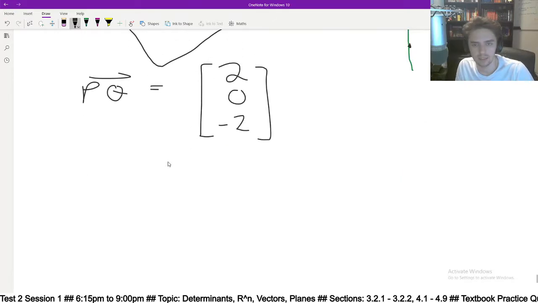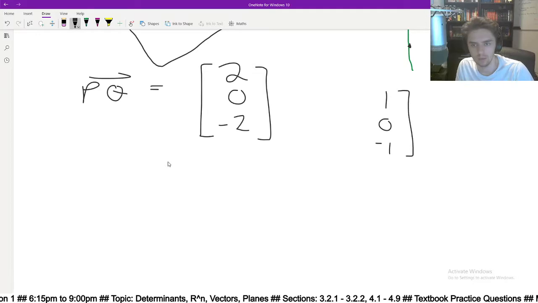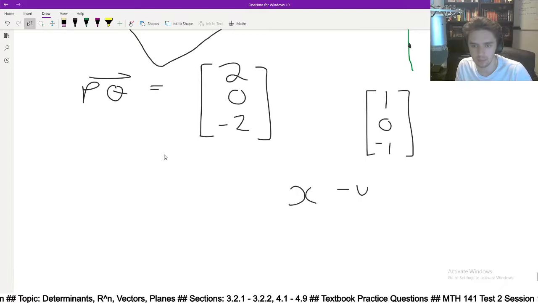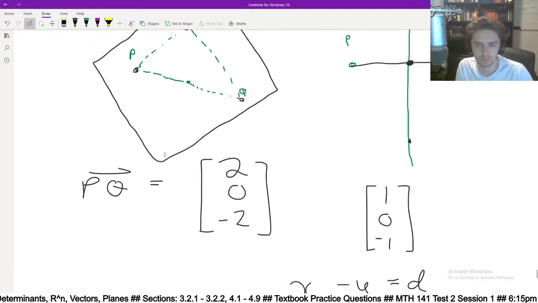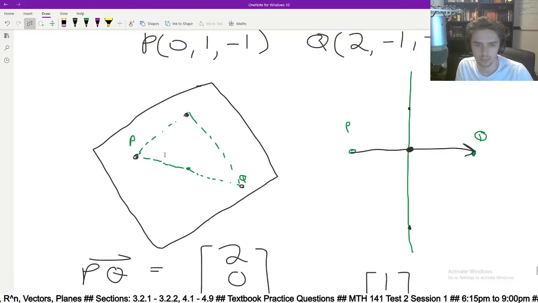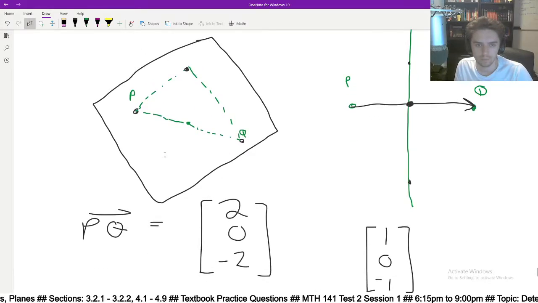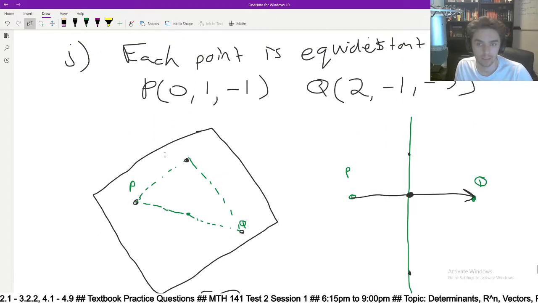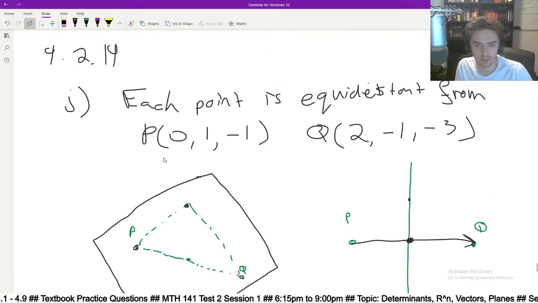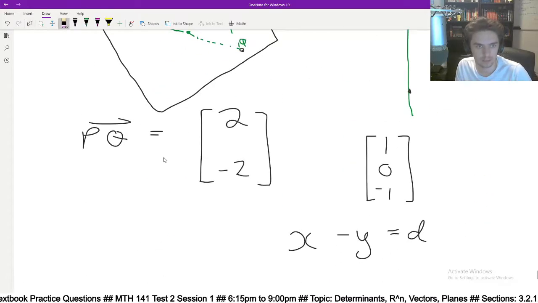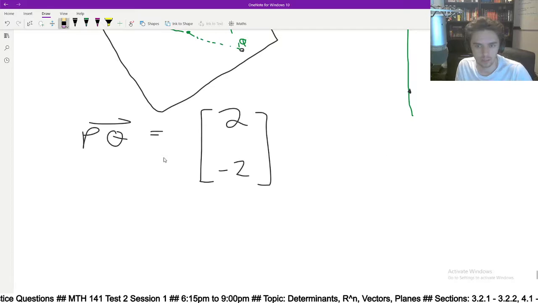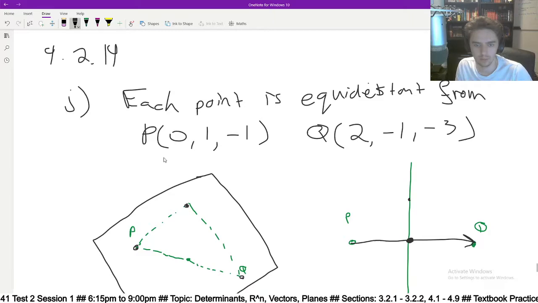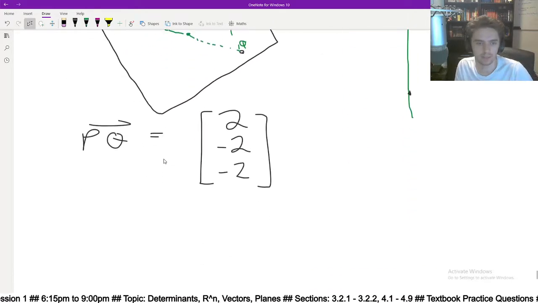So half of that is just 1, minus 1, minus 1. So the equation of the plane is going to be x minus y minus z equals d. Thank you.